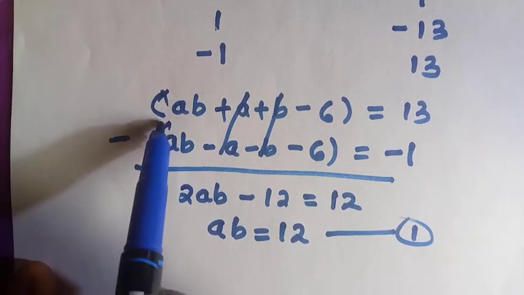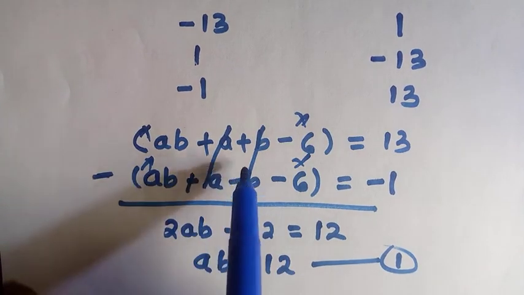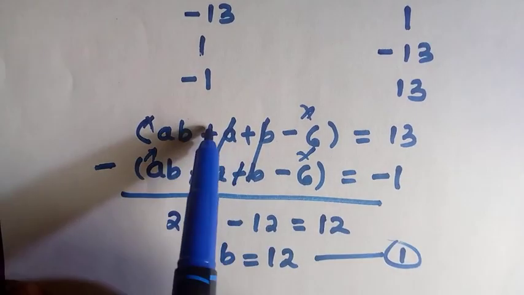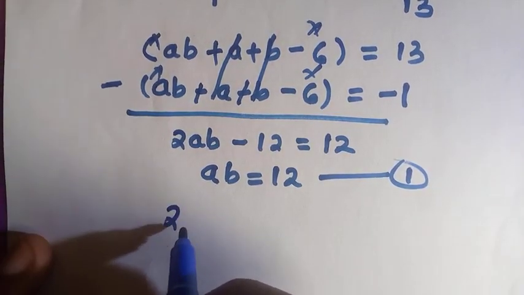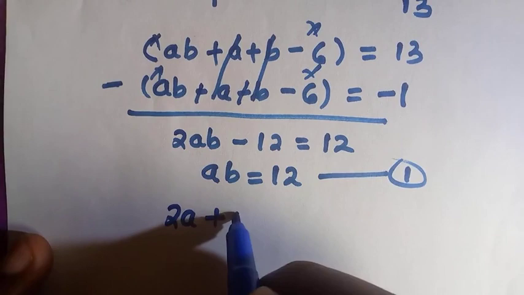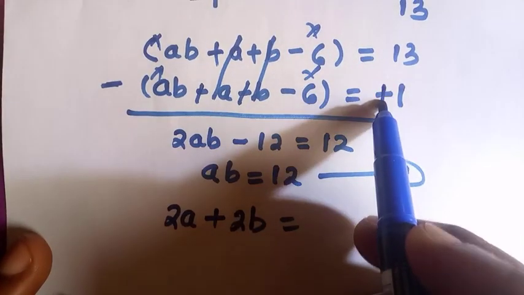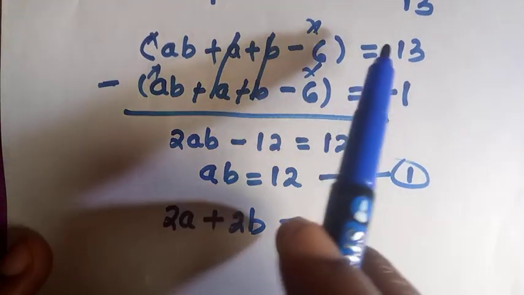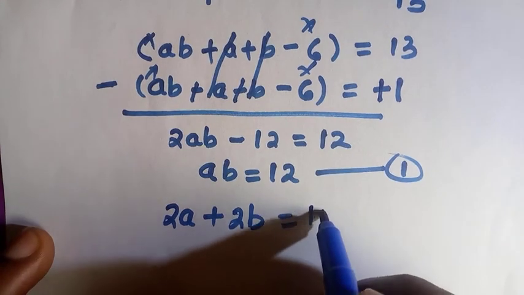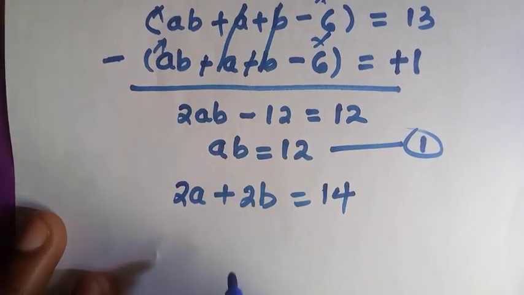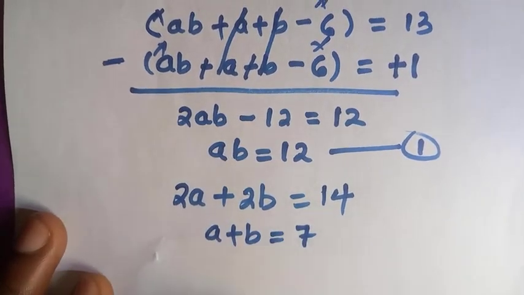The negative in the a and b becomes positive, and then we add a and b together, so that becomes 2a plus 2b equals, because this negative will also affect this one and become plus, 13 plus 1, which is 14. And we can reduce this into a plus b equals 7.